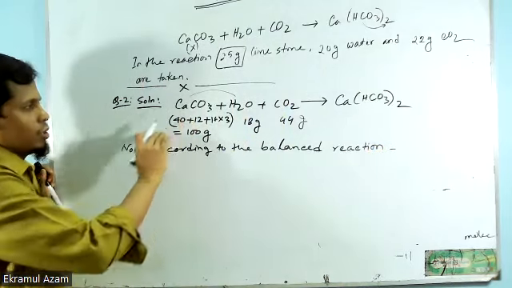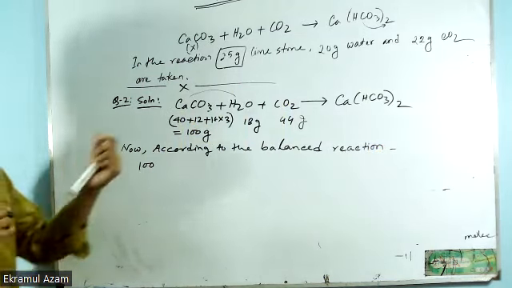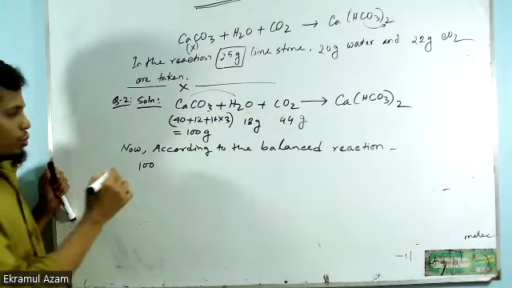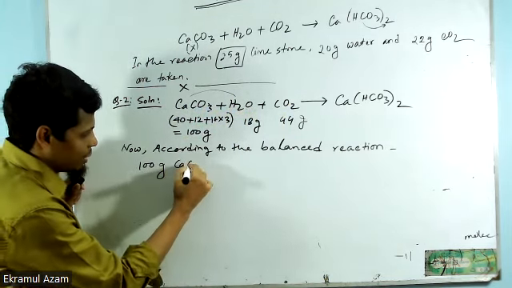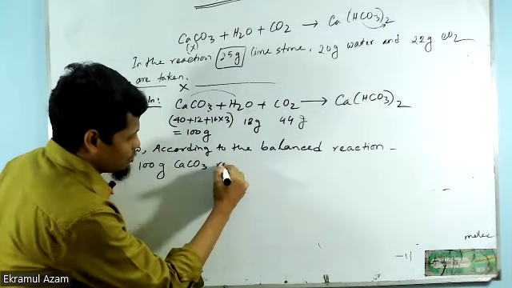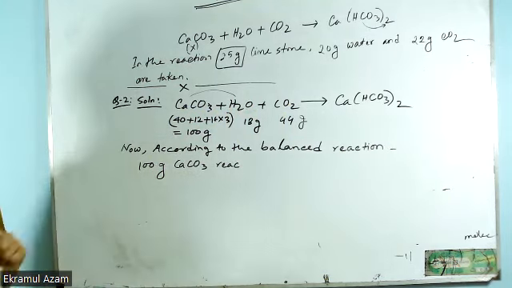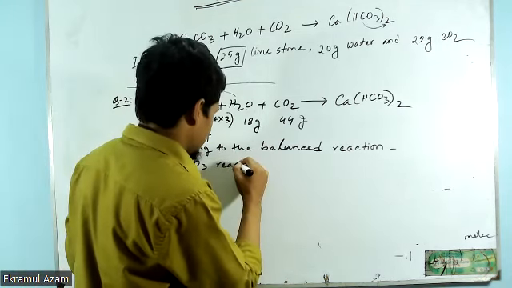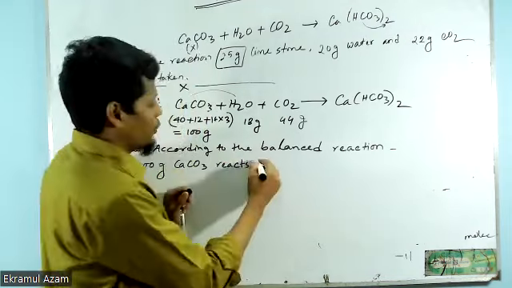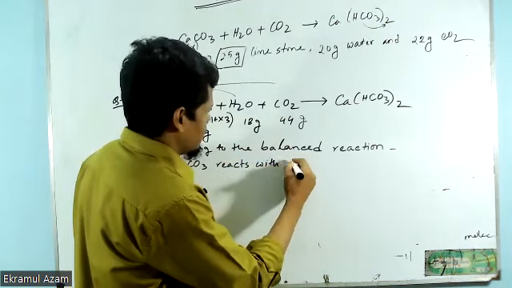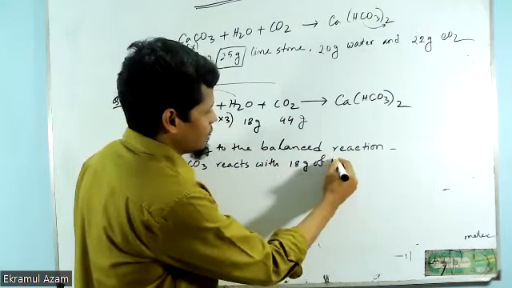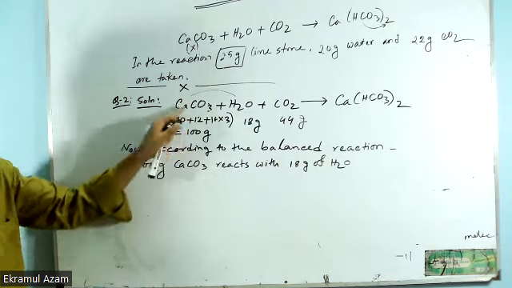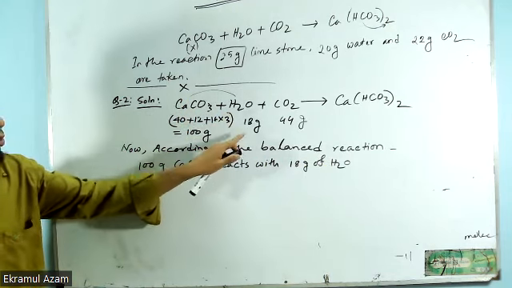At first, we are going to compare calcium carbonate with water. So 100 gram calcium carbonate reacts with 18 gram of water, according to the balanced reaction.